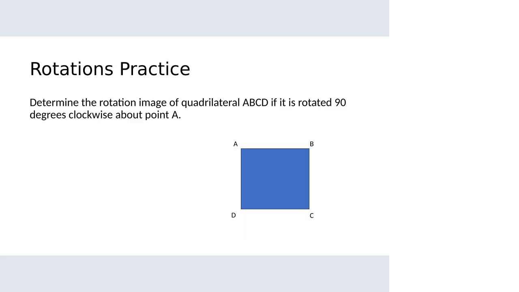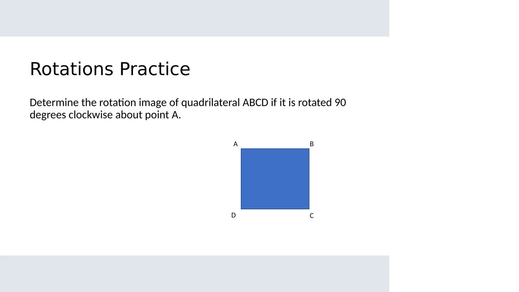All right. There's not really a way for me to set up a poll for this one, but I do want you to just try it. I want you to determine the rotation image of quadrilateral ABCD if it is rotated 90 degrees clockwise about point A. There's a lot of language in there that I want to make sure you're familiar with and comfortable with. We're rotating that quadrilateral ABCD.